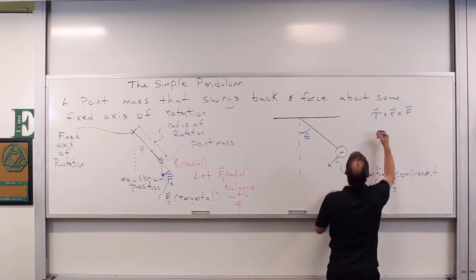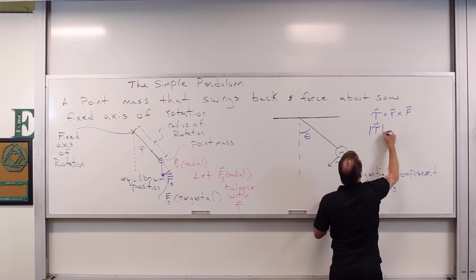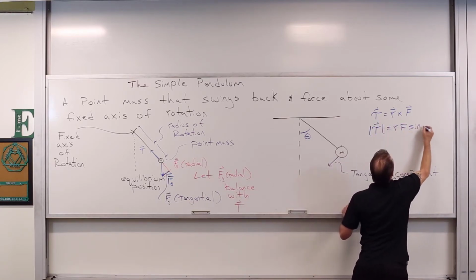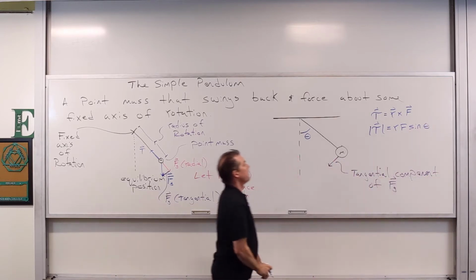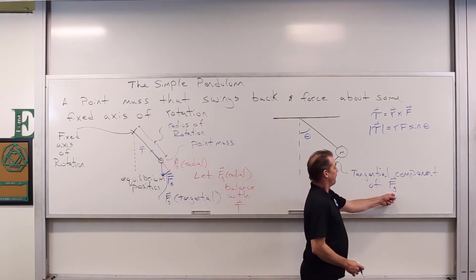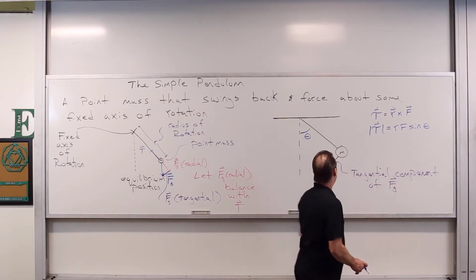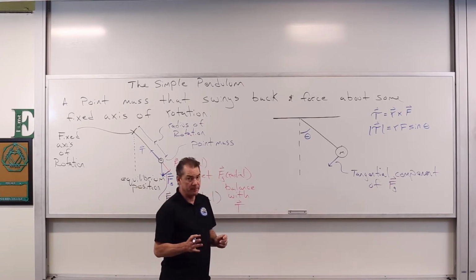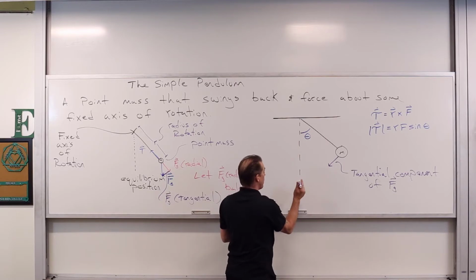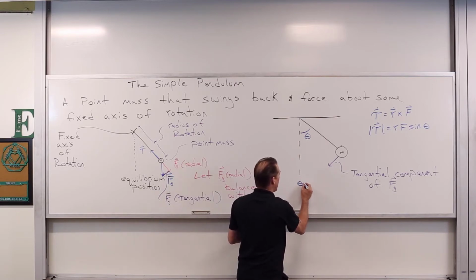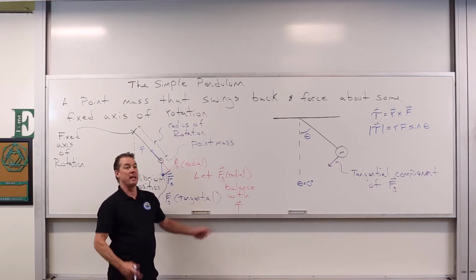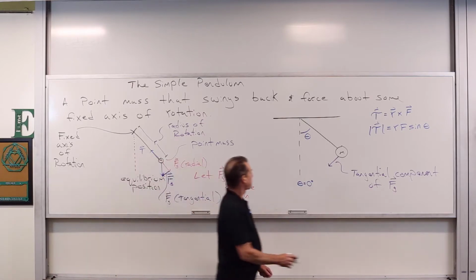So we could take this, once again, and note that the magnitude of the torque is r F times the sine of theta. And in this case, the magnitude of the force is F sub g. r is going to be the length of the string, and theta is the angle that it makes relative to this. So this we call theta equal to 0 degrees. That's where we're going to measure things from. Equilibrium is at 0 degrees.